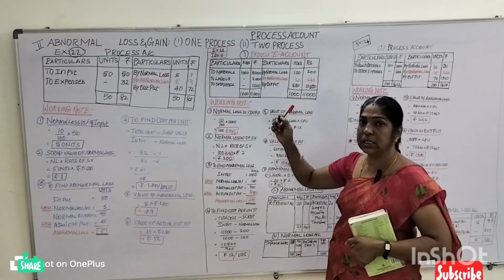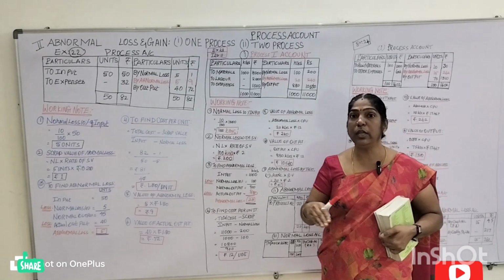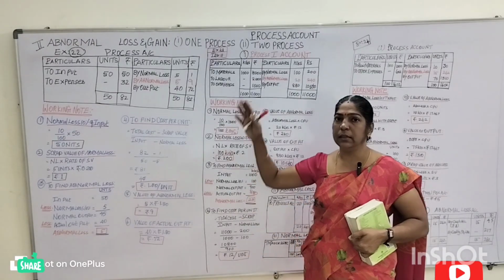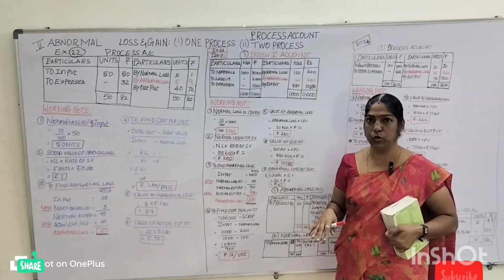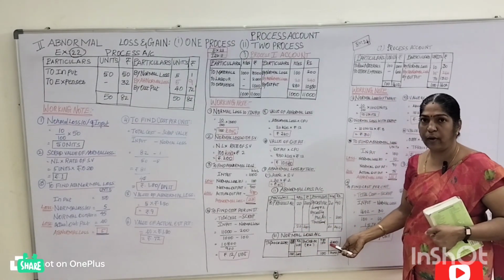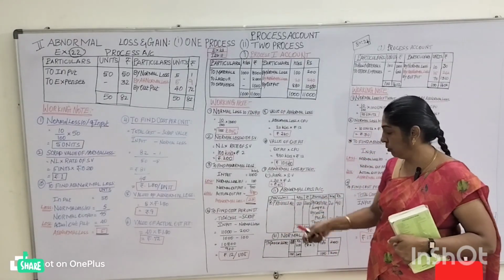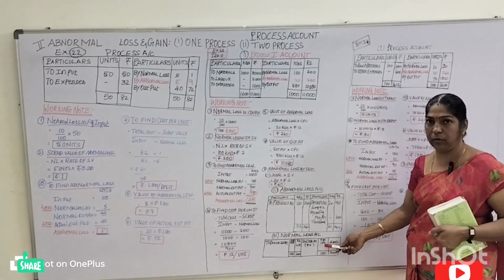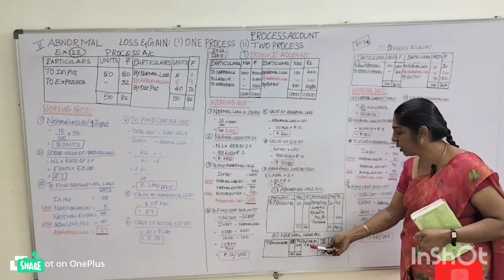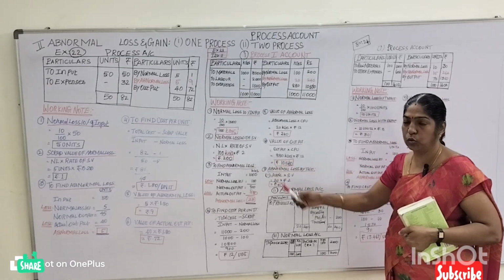That normal loss usually happens during the production process. So it will be received through cash. When that normal loss is sold, you will get cash received. So for that you are going to write by cash account, how much scrap value? 2 rupees. The scrap value they have given in the question is 2 rupees.